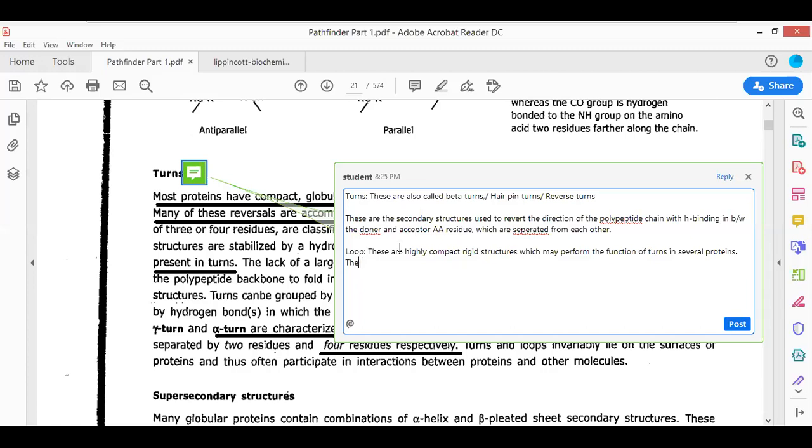They do not regularly occur within protein structure.